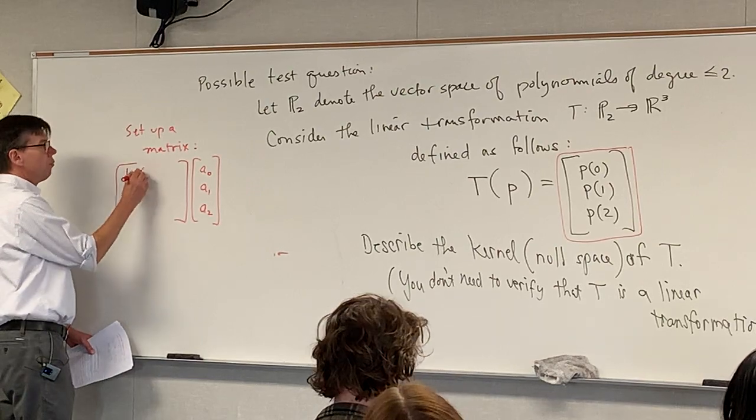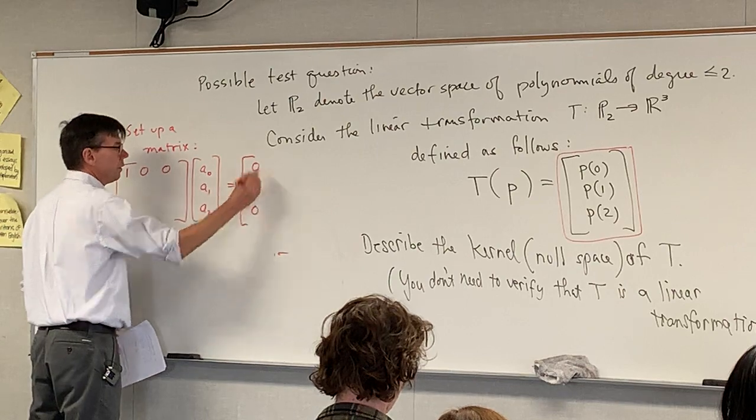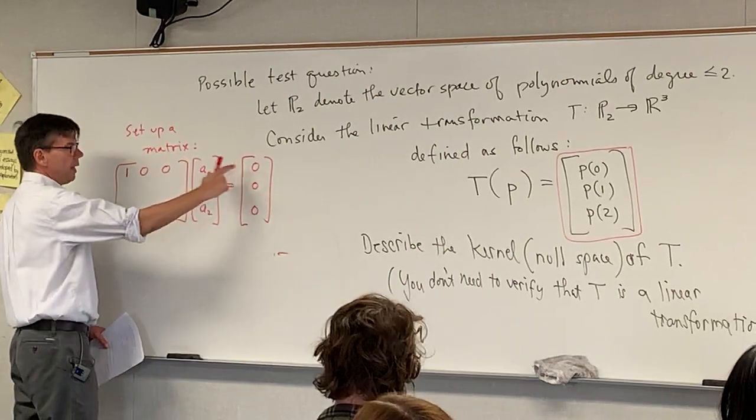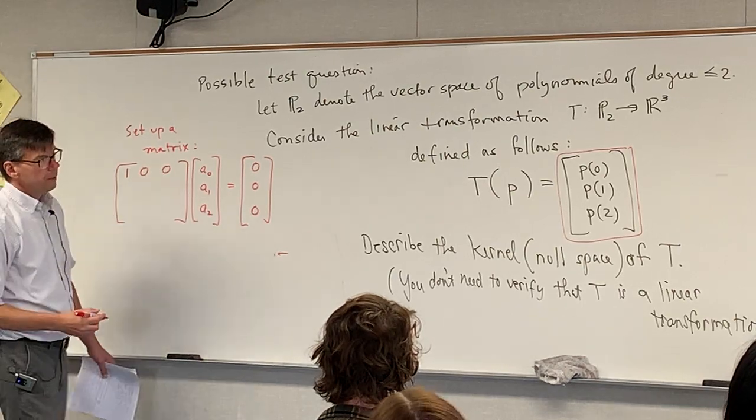So let's see, I think it's like 1, 0, 0, equal 0, 0, 0. This will correspond to the A0 equals 0 equation.